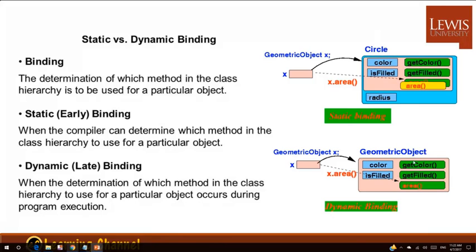At that time, this x.area function, at runtime, will go to the dynamic chain for the binding, and then it will find the copy to run, and it will be in the circle's copy, but that is decided at runtime.